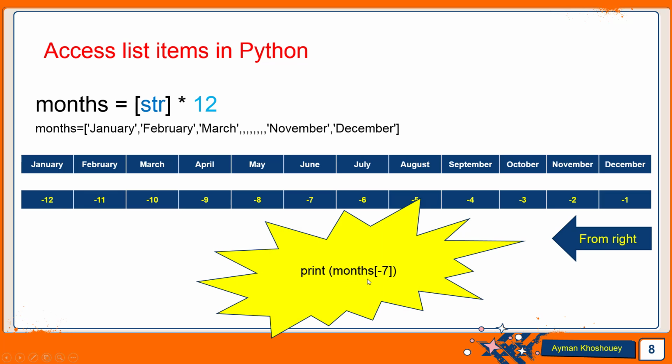If you print months with index -7, it also gives you June, as you see here. From the right, June has index -7, but from the left it has index 5.